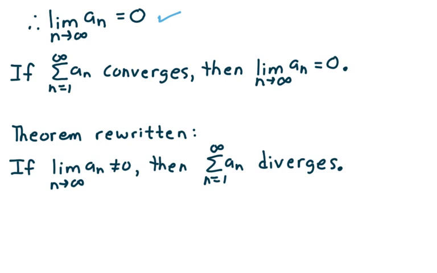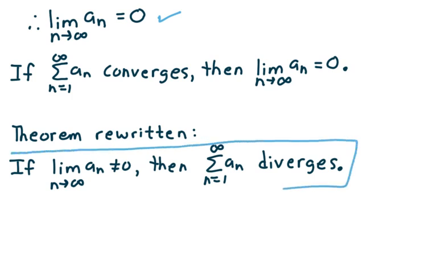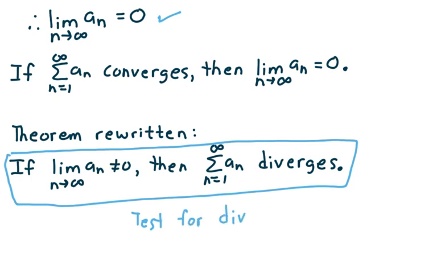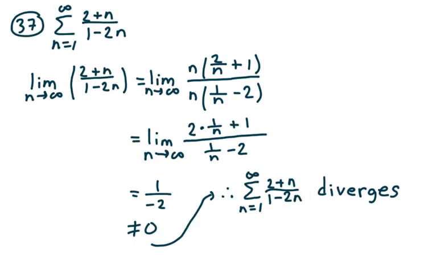And diverges is just a fancy way to say does not converge. So now this theorem right here is called the test for divergence. It's a very quick and useful theorem, and I'll show you an example as such.